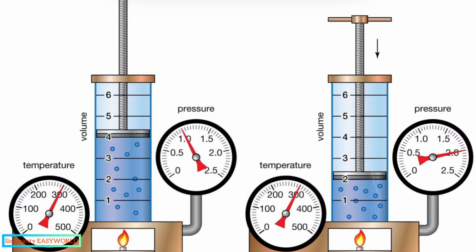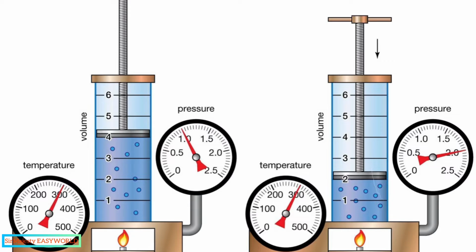Now, in this case, the piston was moved up, releasing the syringe, which means releasing the force applied, equal to decreasing the pressure. And when pressure is decreased, the volume was 4, starting from 1, 2, 3, and eventually 4.